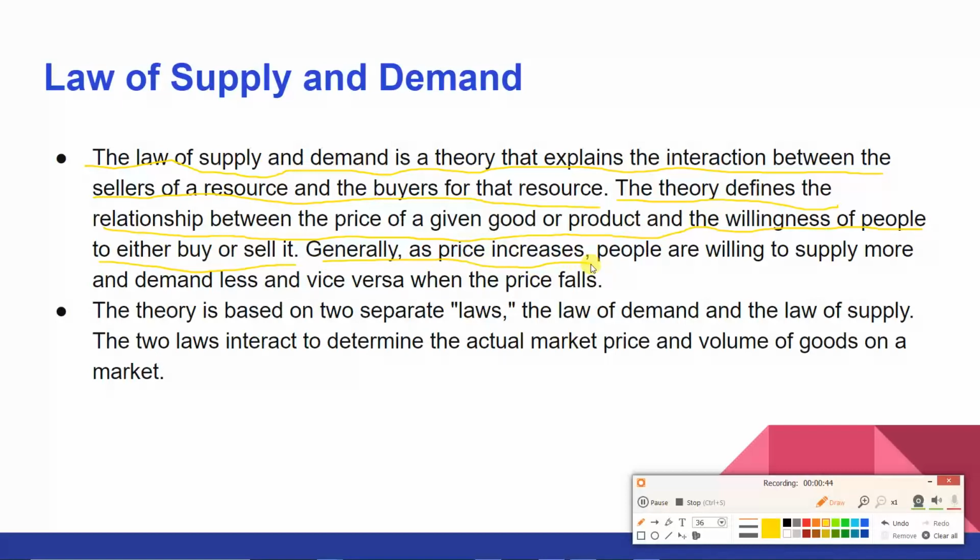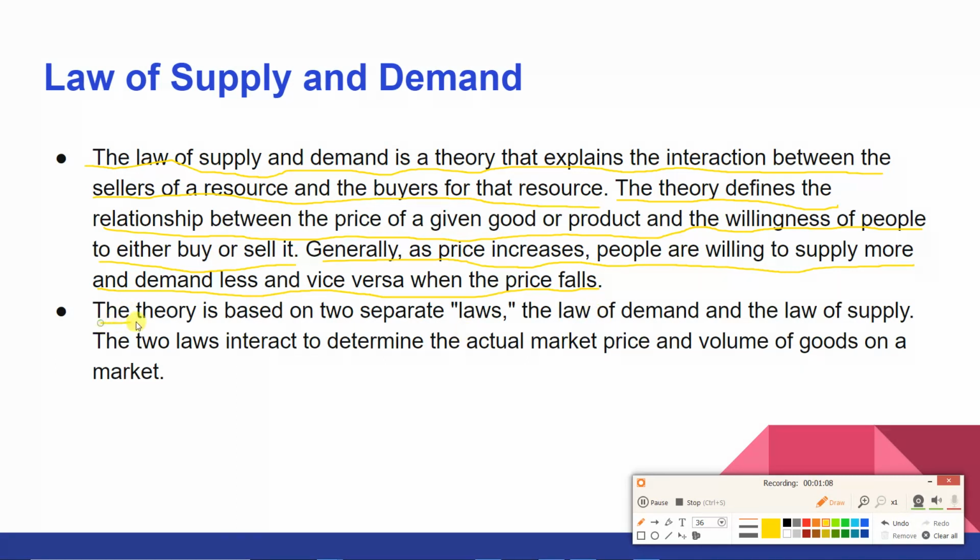Generally, as price increases, people are willing to supply more and demand less, and vice versa when the price falls. They are willing to supply more because the price is increasing, because they know that if they supply more, they are going to have profit because of the price increase.